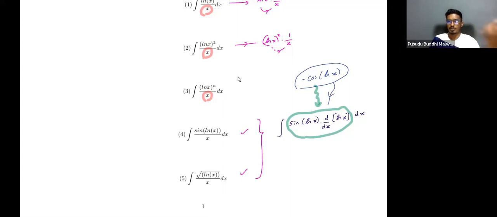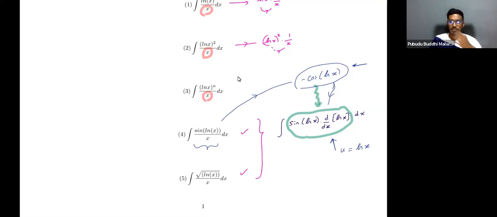We can use substitution, but the idea is that we apply the reverse chain rule in a way, because we need the original function that we applied the chain rule to, that is cosine natural log of x. After differentiating that function, you will get this function. So the antiderivative of that function is nothing but this function. That's the idea. So the substitution is again natural log of x.